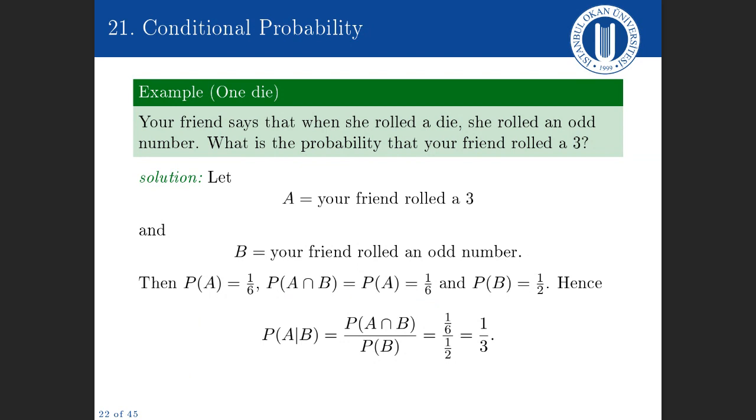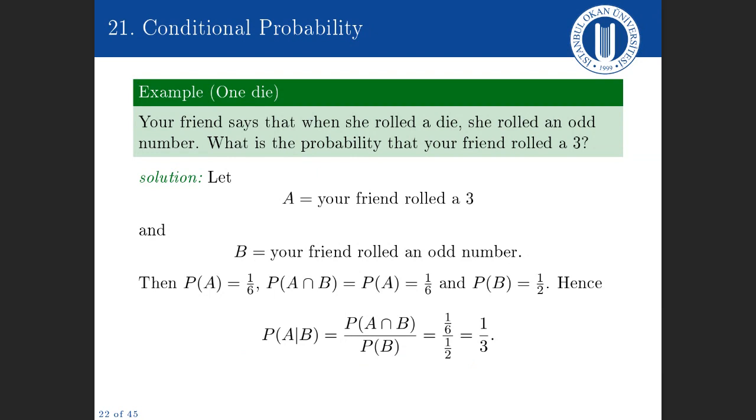So we put these numbers into our formula. We want to calculate the probability of A given B, the probability that your friend rolled a 3, given that we already know that she rolled an odd number. So it's the probability of A intersection B divided by the probability of B. 1 over 6 divided by a half, or 1/3.